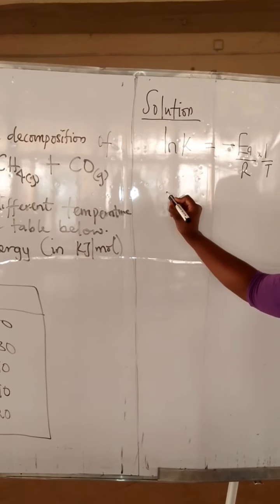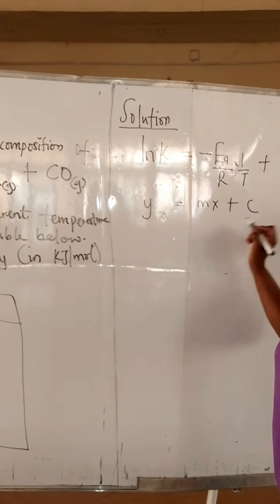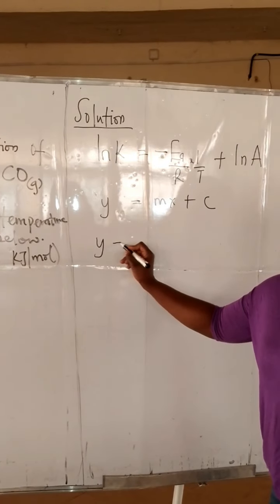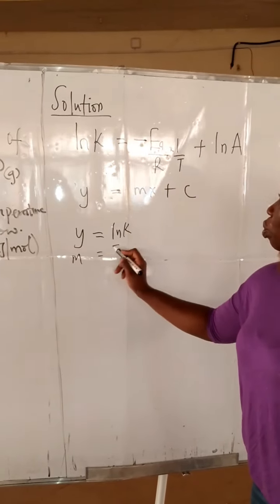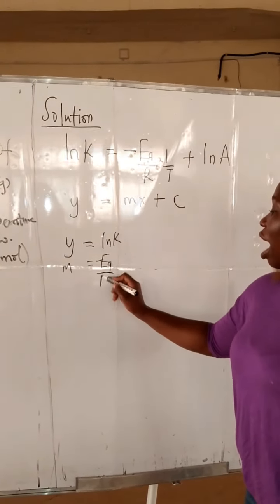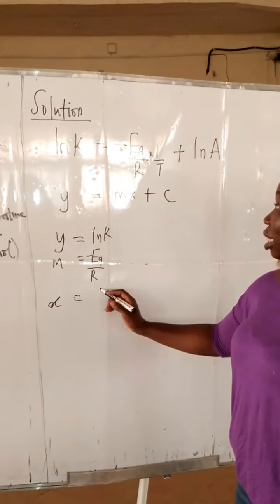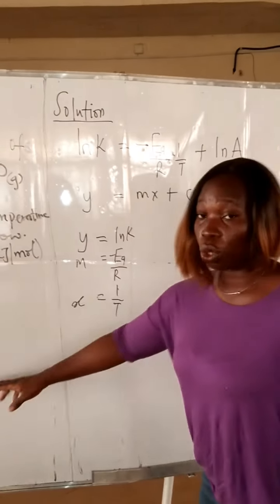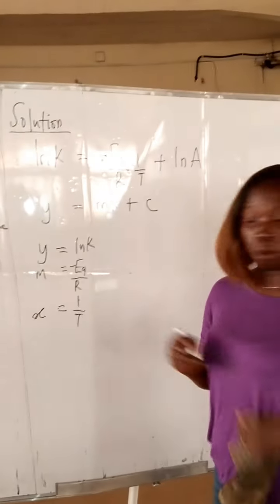We said according to the straight line graph, y equals mx plus c, which is the straight line graph equation, y, which is the y-axis, is equal to ln k, and m is equal to minus EA over R. The x, which is the x-axis, is equal to 1 over T. And you know 1 over T is not given to us in this table. ln k also is not given to us in this table. So it means you have to draw a new table.